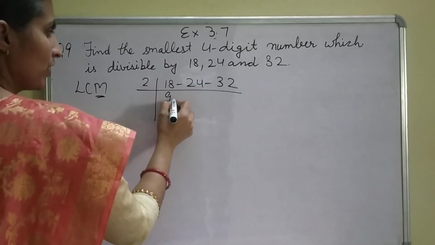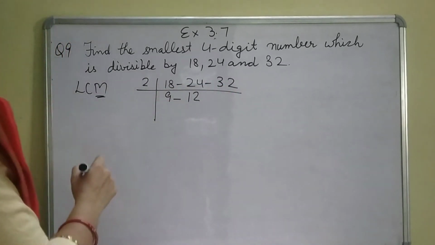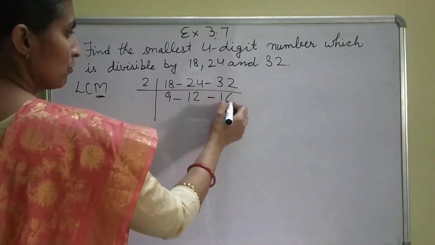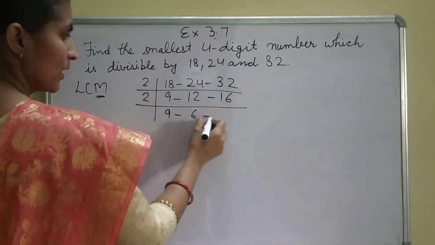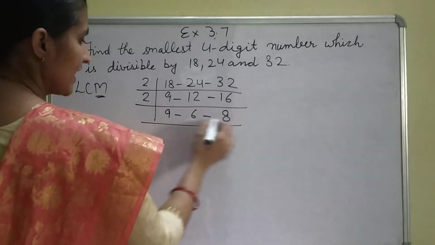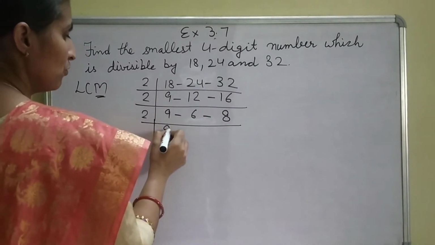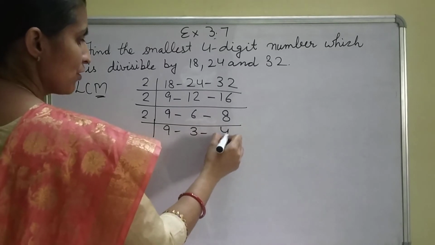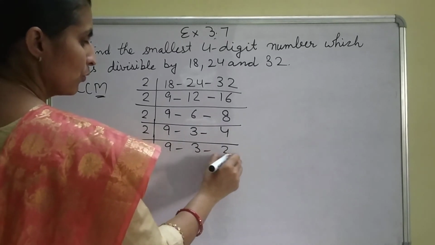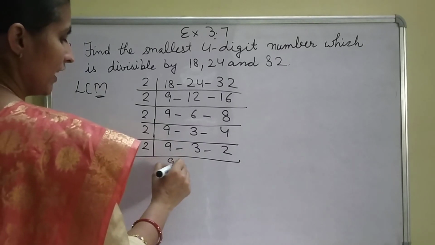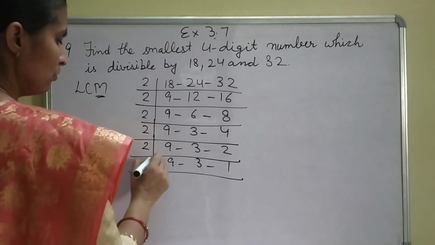So LCM of 18, 24, 32. By 2, 2 9s are 18, 2 1s are 2, 2 2s are 4, 2 6s are 12, 2 8s are 16. Again by 2, 2 6s are 12, 2 8s are 16, and again by 2, 2 3s are 6, 2 4s are 8. Again by 2, 2 2s are 4. Then by 2, 2 1s are 2.